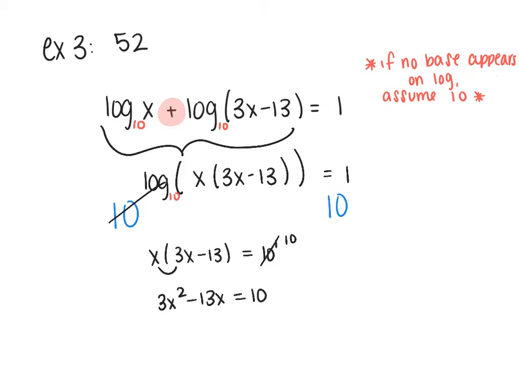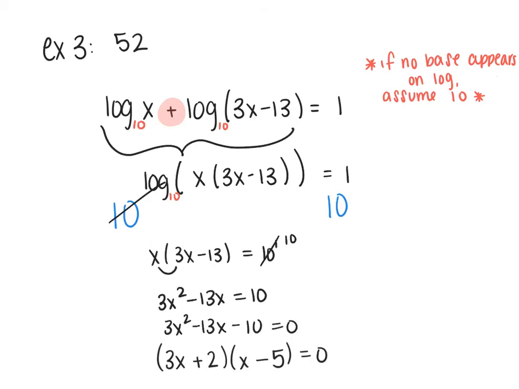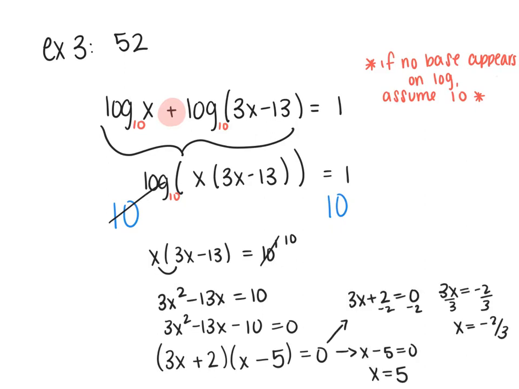Move everything over to the left, factor it. So I factored it to 3x plus 2, x minus 5. Zero product property says set each piece equal to 0. Solve those both down and I get x equals 5 and x equals negative 2 over 3.